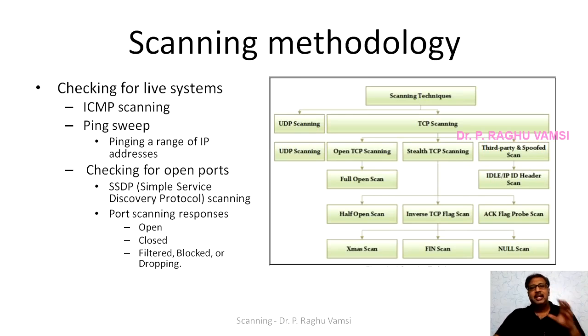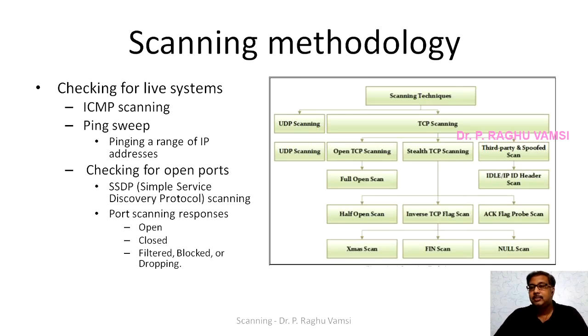Each and every scan will reveal specific information. That specific information will be helpful for us to understand the service and service version that is running, and with the service versions, we can come to know what vulnerabilities are available on the computer.